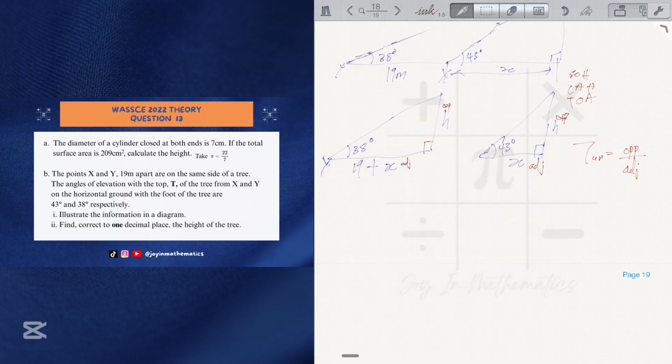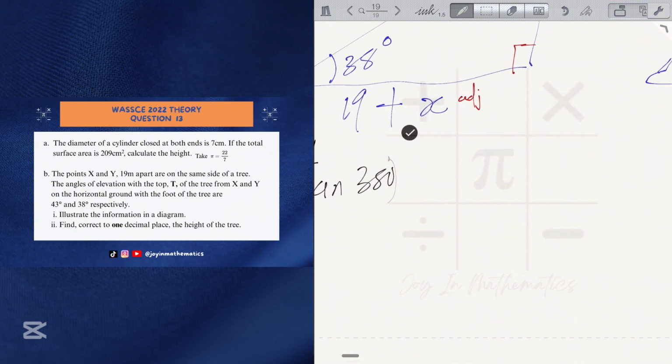So tan theta here, that's tan 38 degrees, is equals to opposites.